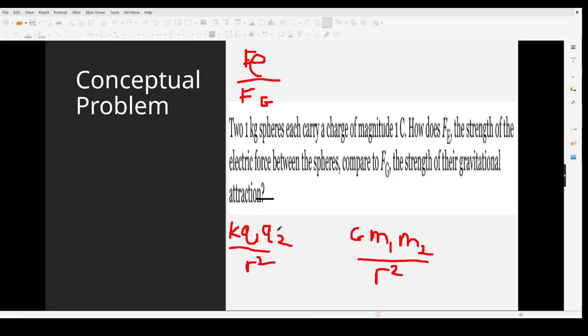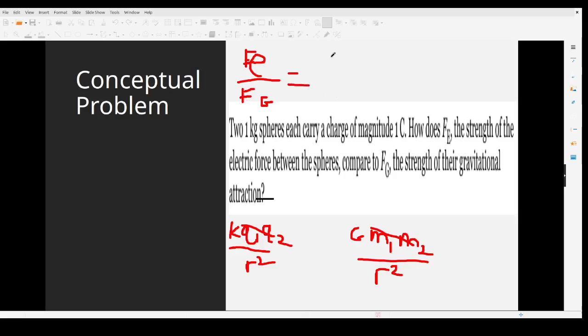Q1 and Q2 are both 1 coulomb, 1 times 1 is 1. That's redundant. M1 and M2 are both 1 kilogram, 1 times 1, also redundant. So we divide these, the R squareds cancel out, since R is the same in both cases.